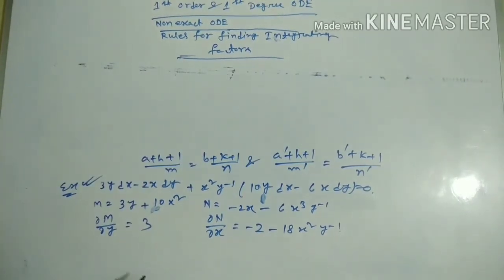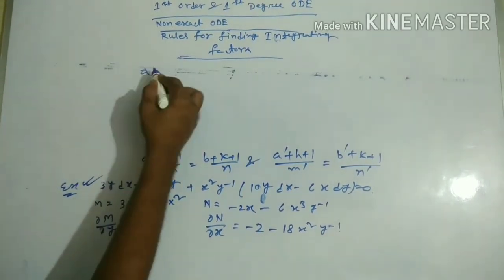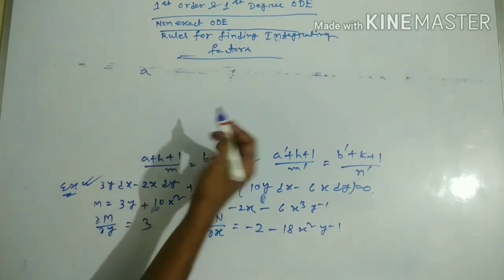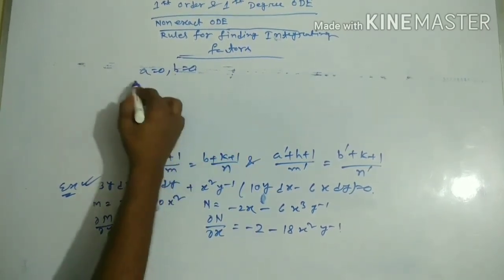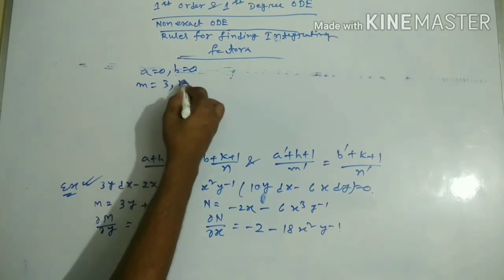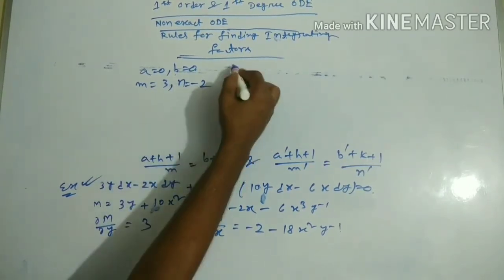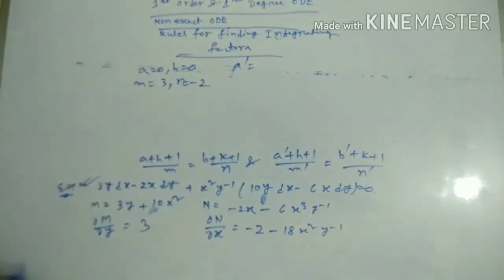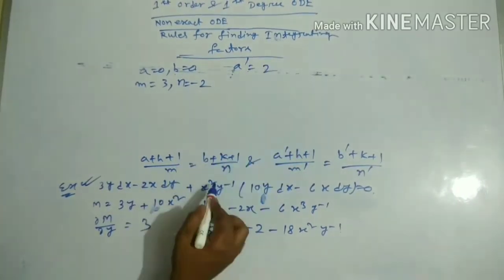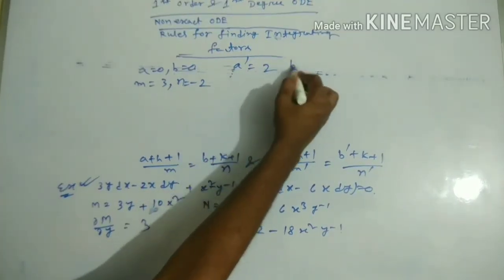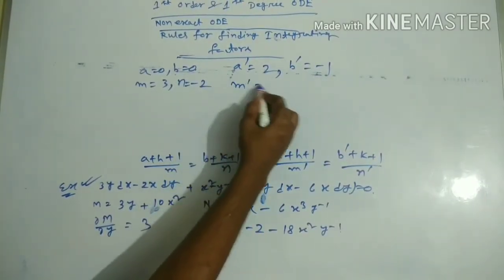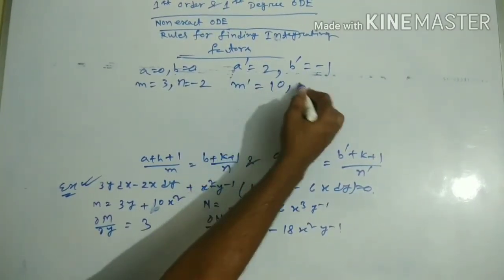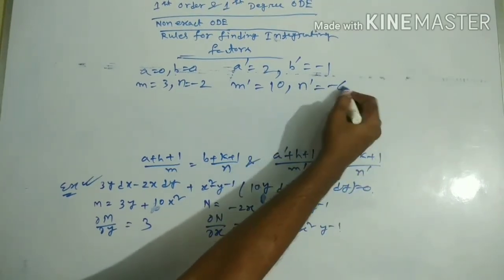So now I will write the values of a, b, m, n, a dash, b dash, m dash, n dash. So a equal to 0, b equal to 0, m equal to 3, n equal to minus 2, a dash equal to 2, b dash equal to minus 1, m dash equal to 10, and n dash equal to minus 6.